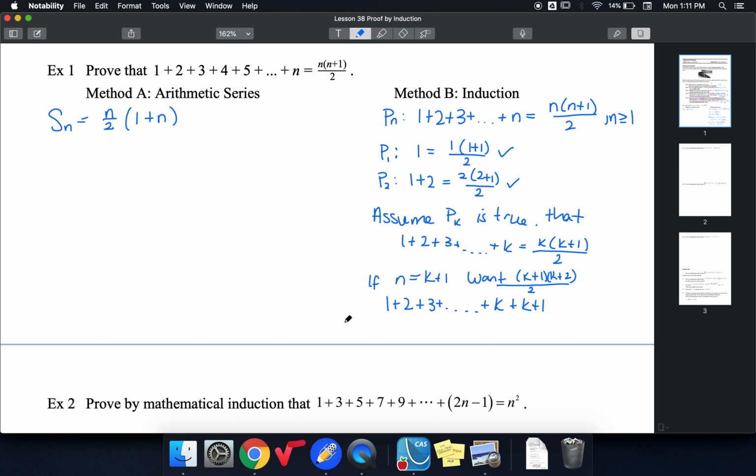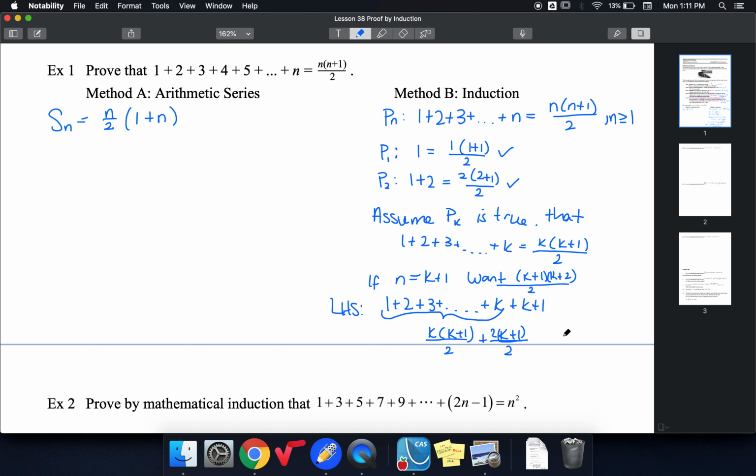I'm working just with my left-hand side. If n is k plus 1, I have 1 plus 2 plus 3 going all the way to k plus 1. This is my P sub k statement, so I can replace it with k times k plus 1 over 2, plus my k plus 1 term. I want to add these two up, so I need a common denominator. I multiply by 2 on top to make the common denominator.